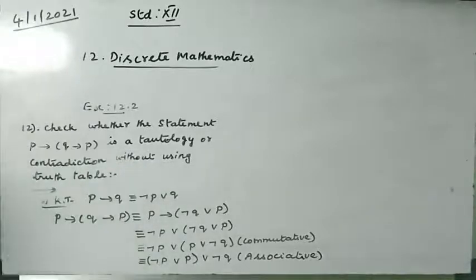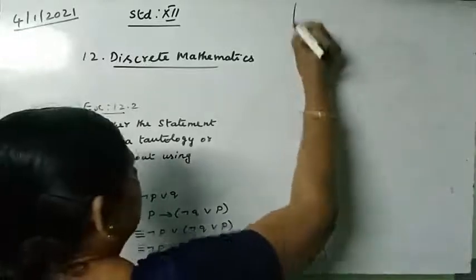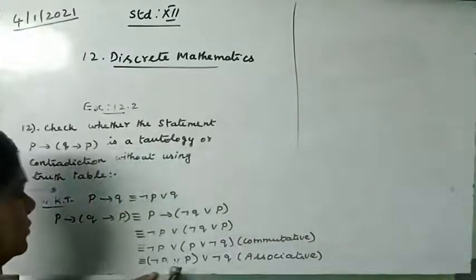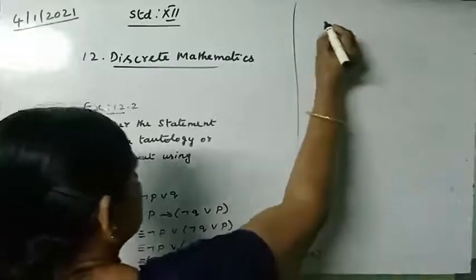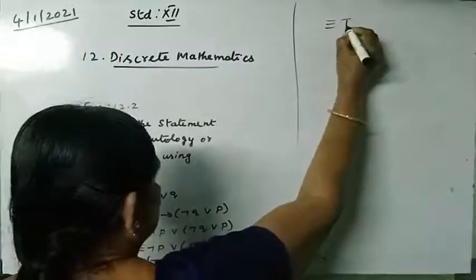Now what do we get? Negative of P or P, which is equal to what? By using complement law, negative of P or P is equal to true. So which is equivalent to true.